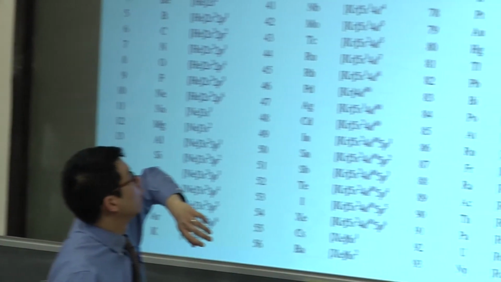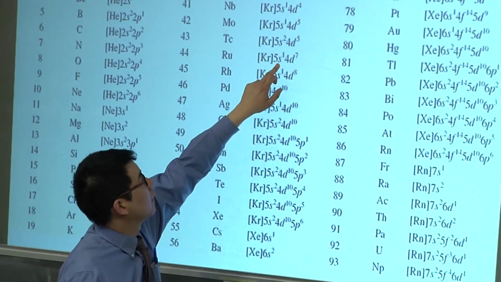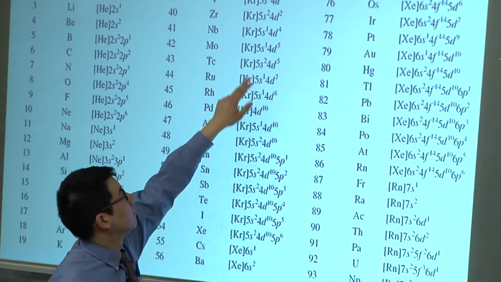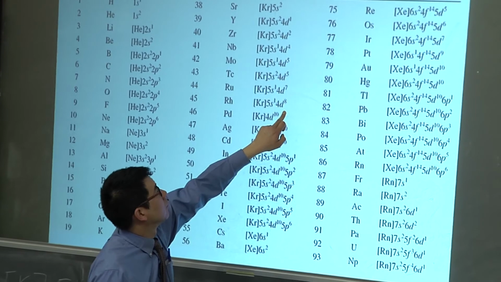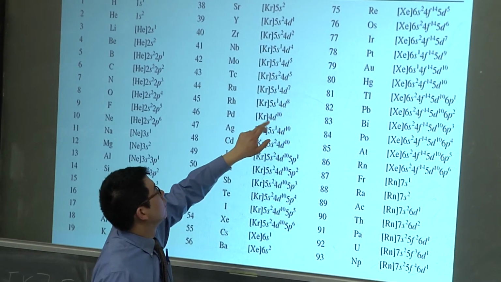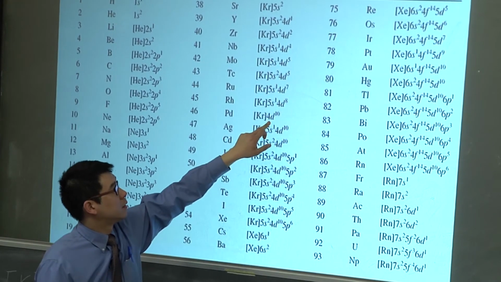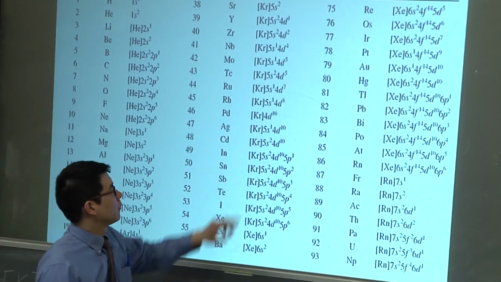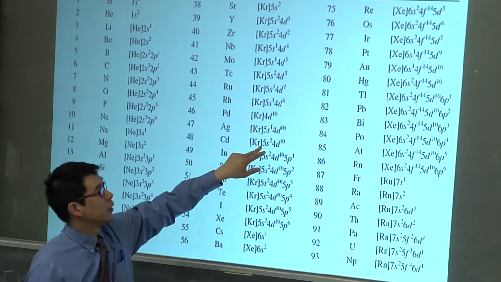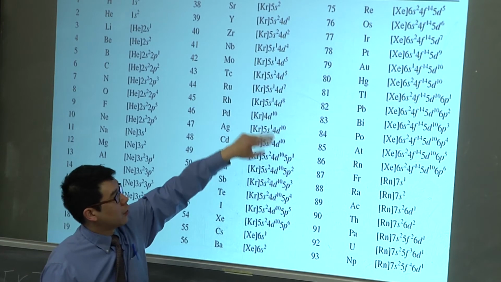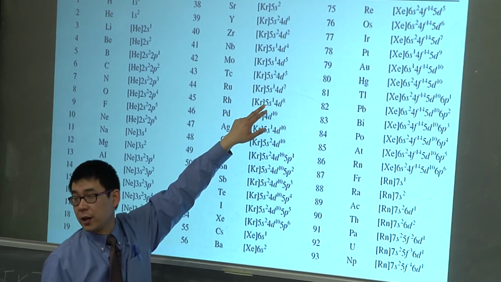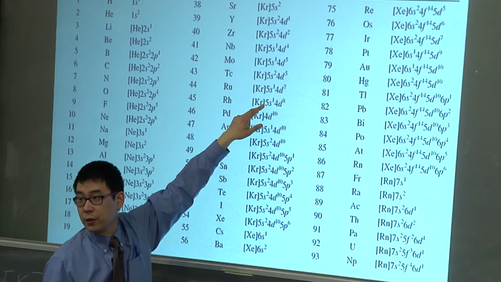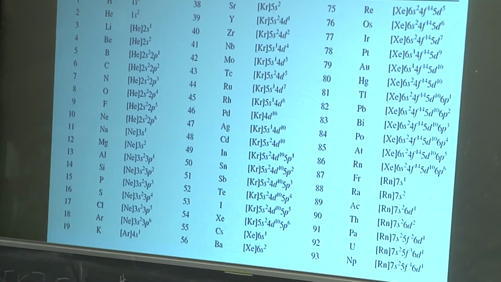And then we go from 5s1, 4d7, 5s1, 4d8, and then it goes straight to 4d10, 5s1, 4d10, 5s2, 4d10. These go straight to 4d10 without filling up the 5s first, because having a closed subshell is very favorable.